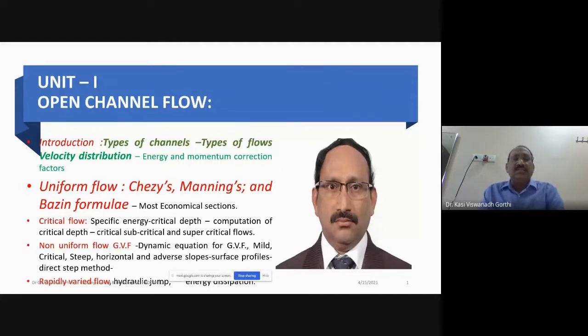And this velocity distribution more or less is similar, but it is not the same across different shaped open channel sections, like rectangular channel section, trapezoidal channel section, circular channel section, triangular channel section.